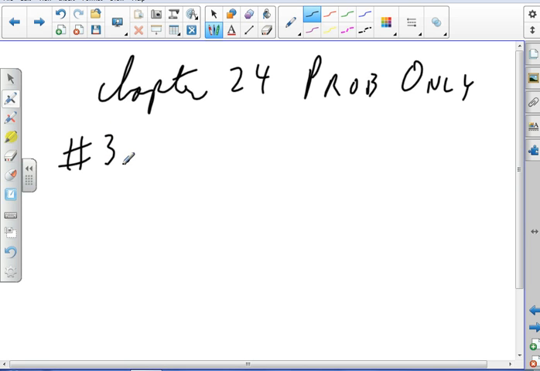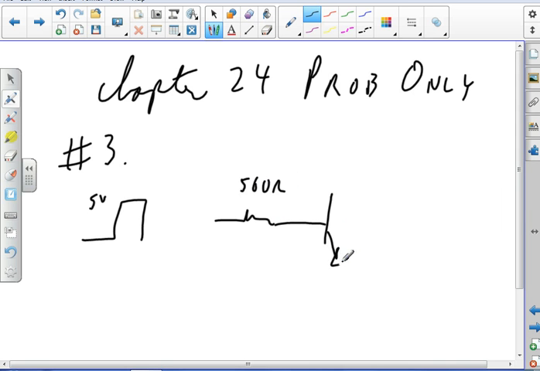Oh, bummer. Determine the maximum high voltage required to saturate the resistor. All right, so we have something that goes all the way to 5 volts, but someplace I'm going to be saturated. I got 560 ohms sitting there, and something over here that says 300.